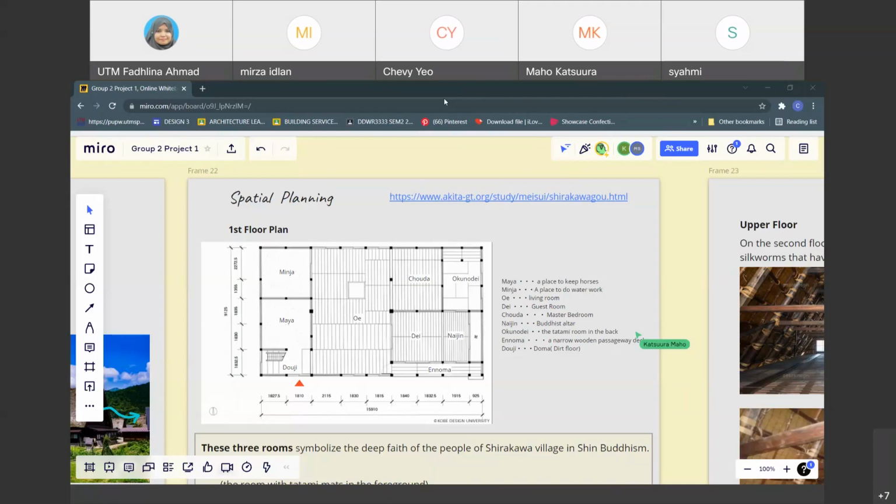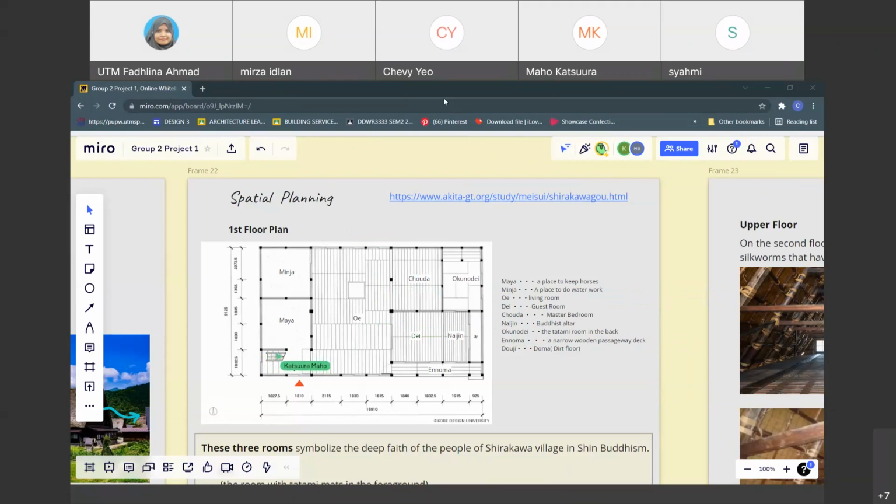For instance, how do they put the horses over there? Are the horses coming from the main entrance, or do you have any other door for the horses? I'm not sure. You stated that Maya is a place to keep horses. Yes. So how do the horses enter the house?